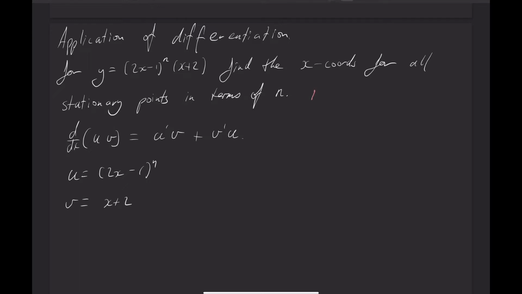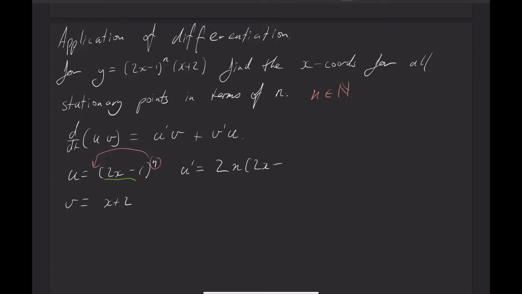Just realized I forgot, n is a natural number, so it's a whole number, and it's positive. For our u prime, we're going to need to use our chain rule. We differentiate what's in the brackets, and that goes out the front, so that becomes 2. We then bring our power down, so n comes here.